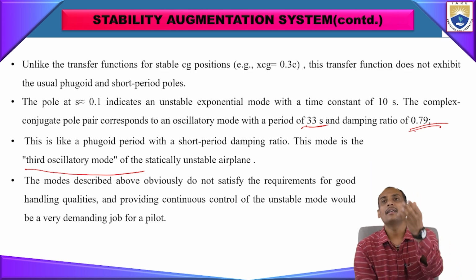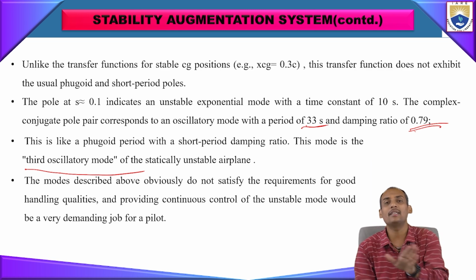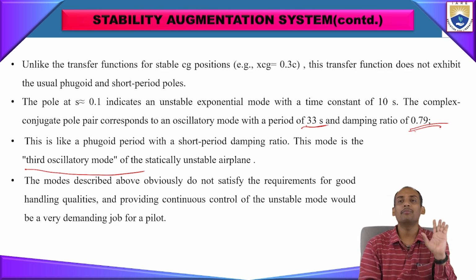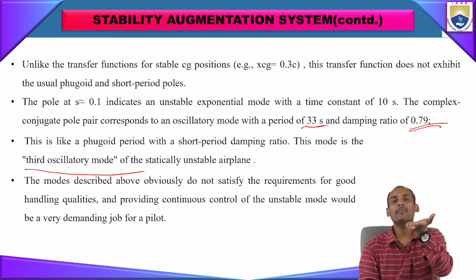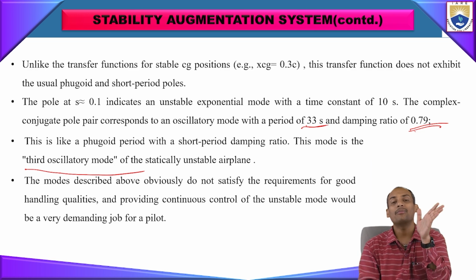You see here, 33 seconds of oscillatory motion has been acquired on the control system. These types of long period oscillations should be avoided. Otherwise, the aircraft is in an unstable condition for 33 seconds, more than half a minute.